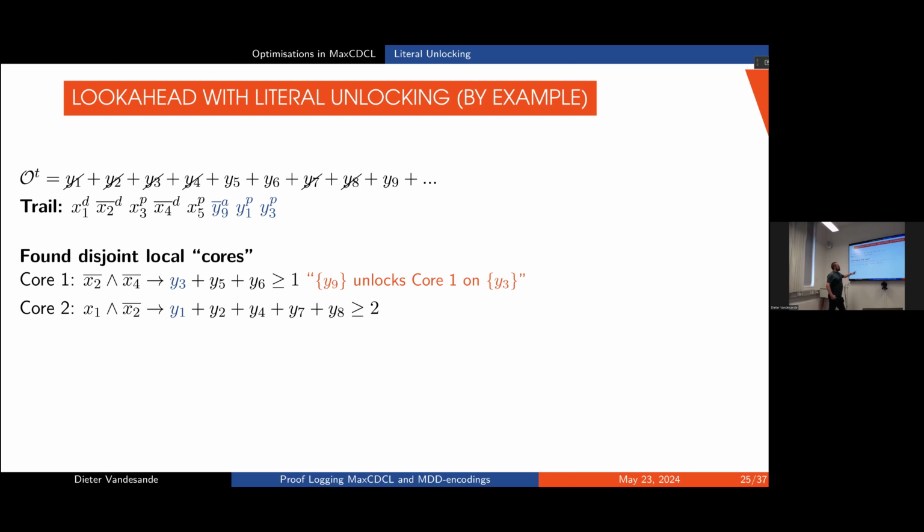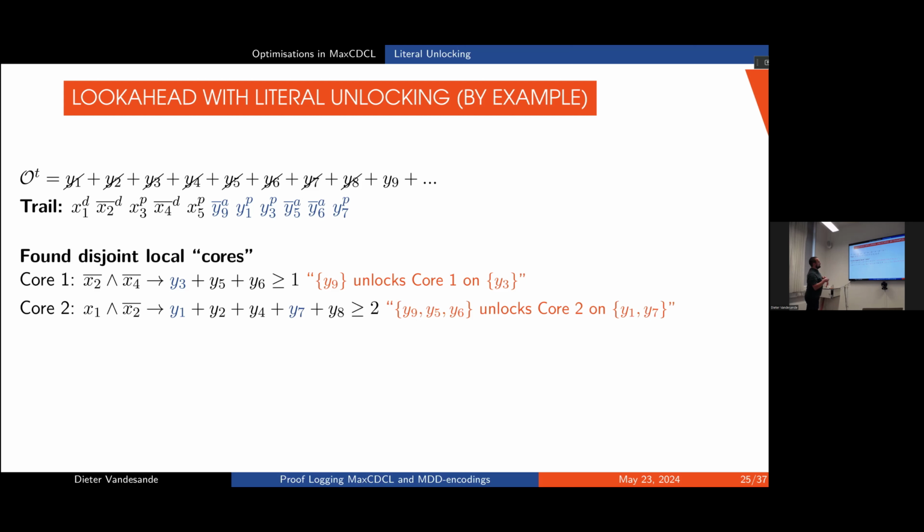By assuming y9, we propagate enough literals to be true in the core to actually already satisfy it. At that moment, for all of the other literals, I can now start assigning them to false. That's the idea. So let's do that.